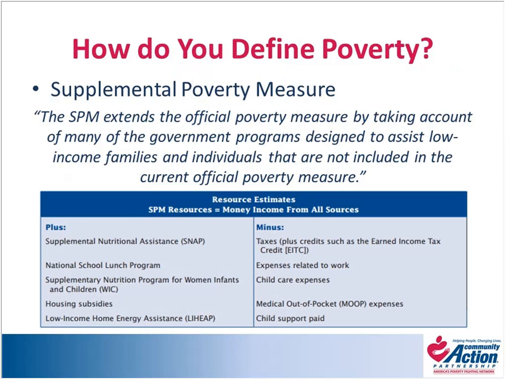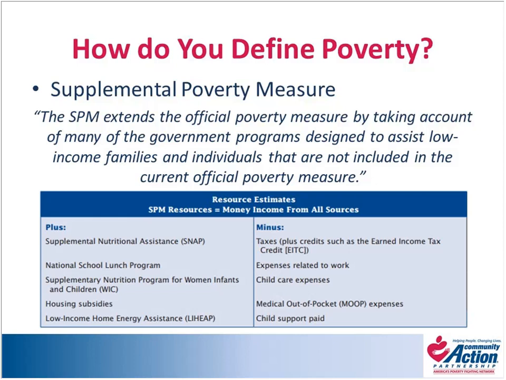Yeah, sure thing. I think sometimes there is a tendency to just use the federal guideline on where the poverty line is. While that's certainly the most commonly used definition of poverty, I would really encourage agencies to take a look at the supplemental poverty measure.